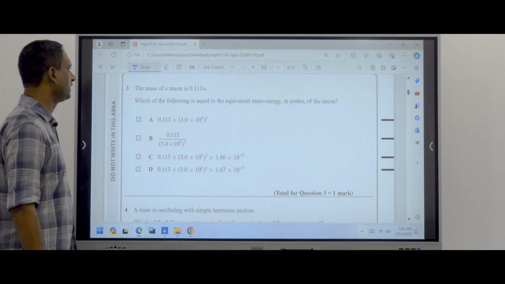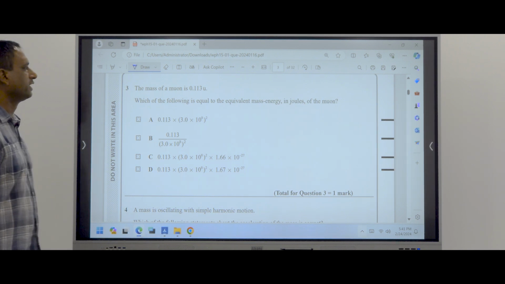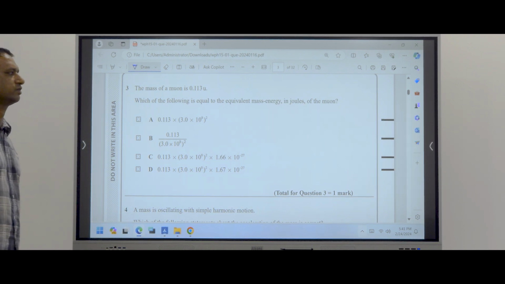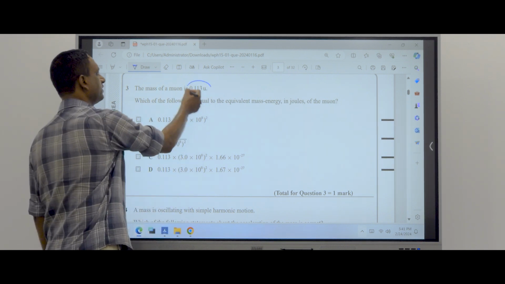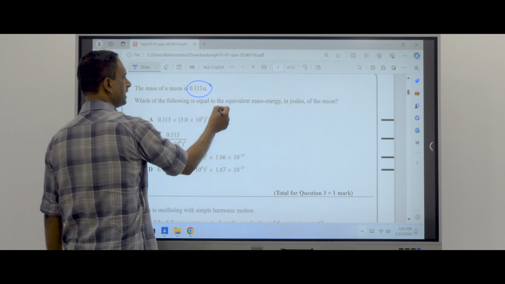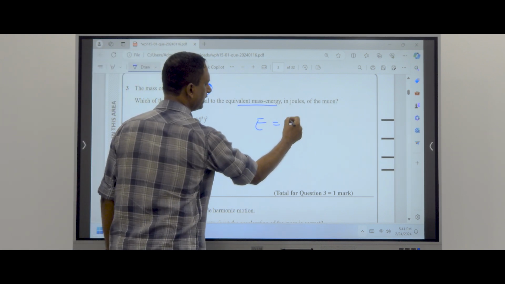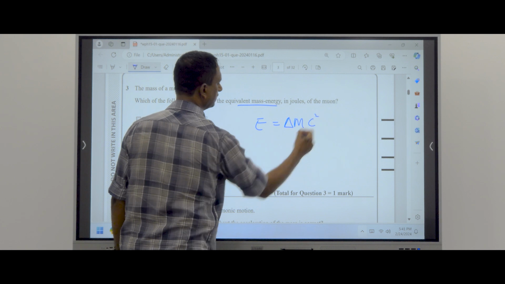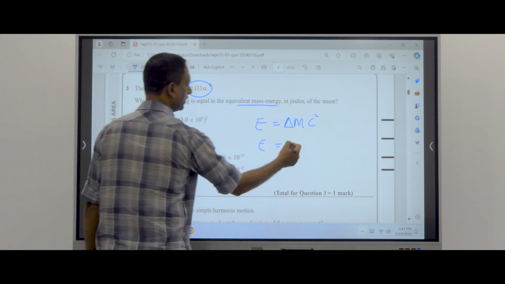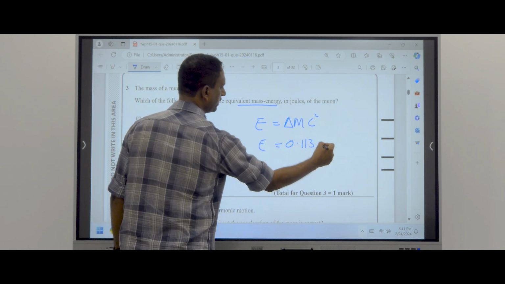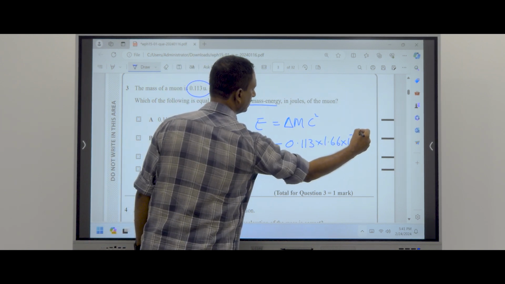The mass of Moon is 0.113. Which of the following is equal to the equivalent mass energy in joules of Moon? Mass is given in u. The mass energy equivalent means E equals delta m c squared. The mass is 0.113 multiplied by 1.66 times 10 to the power of minus 27.